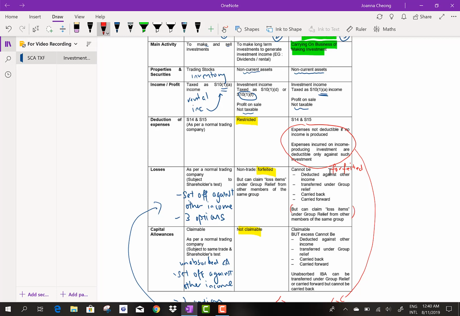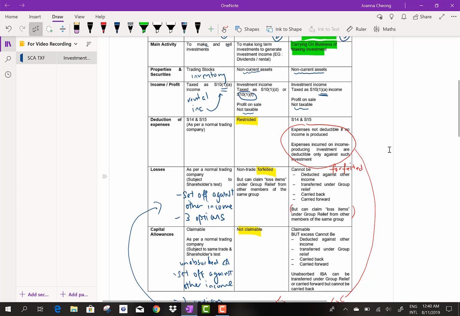You can still claim loss items under group relief from other members of the same group. That means you are accepting losses from perhaps your transferor company. That is the only situation whereby you can still take in losses. However, this is a separate topic, so I'm not going to talk about it too much.